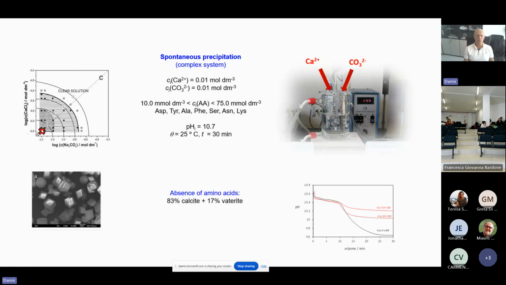That was intentional, because in this specific case we obtained a mixture of calcite and vaterite in a ratio of 83% against 17%. And this is important because such a design enables us to make conclusions about nucleation, because calcite and vaterite are results of a nucleation process. They nucleated at the very beginning and later on they transform.